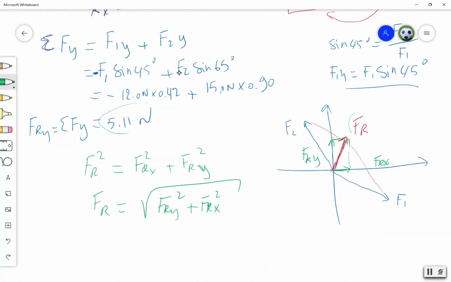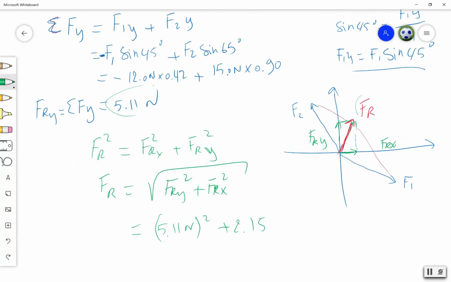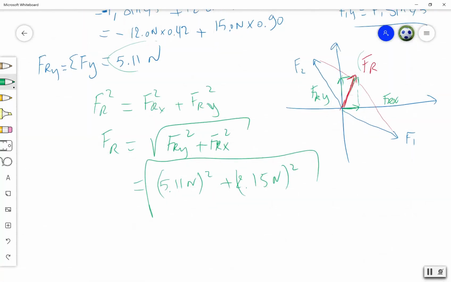We know them, so we just need to put the numbers: FRy is 5.11 Newton squared plus FRx 2.15 Newton squared, all under a square root. And this gives me the resultant force.